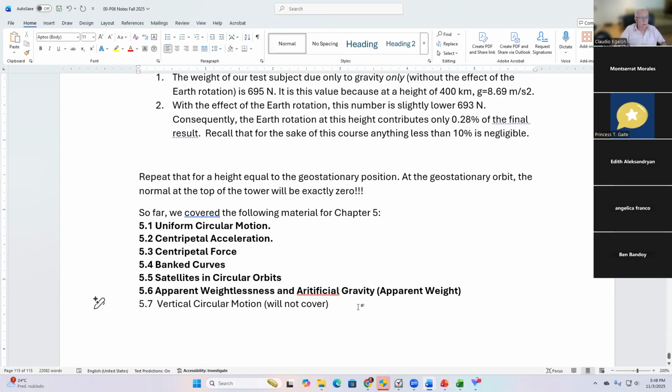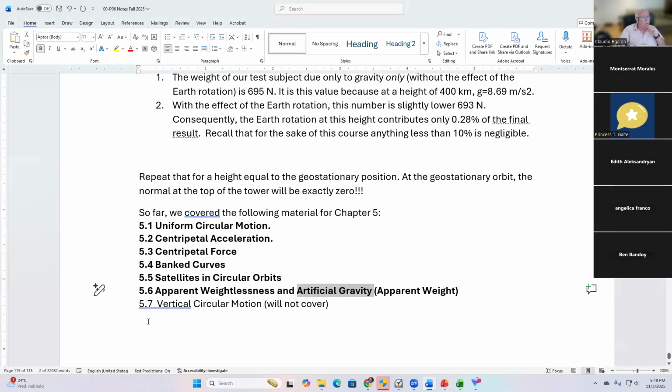Apparent weightlessness. Artificial gravity. Here we go. The same concepts can be used to find the artificial gravity.